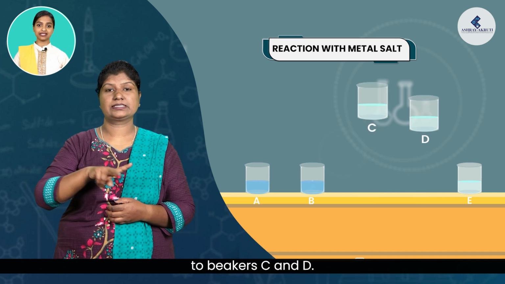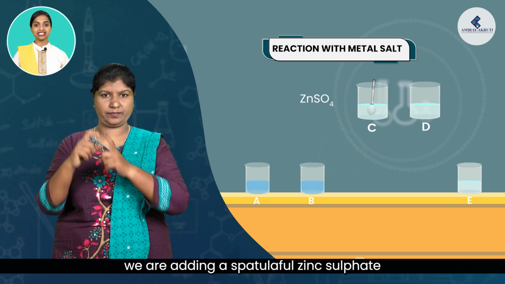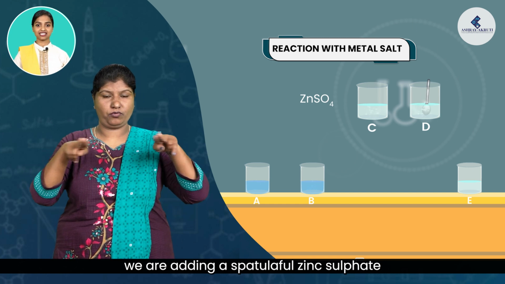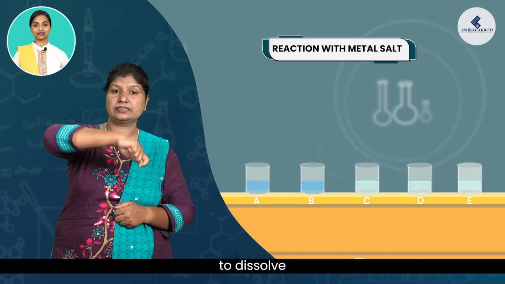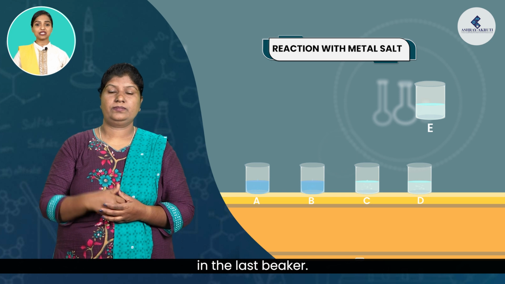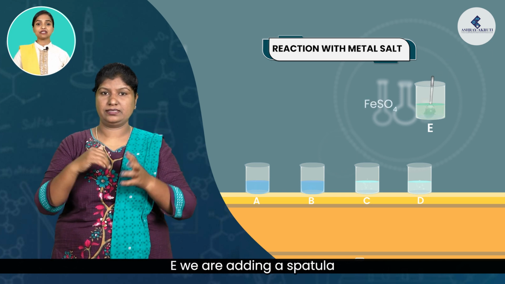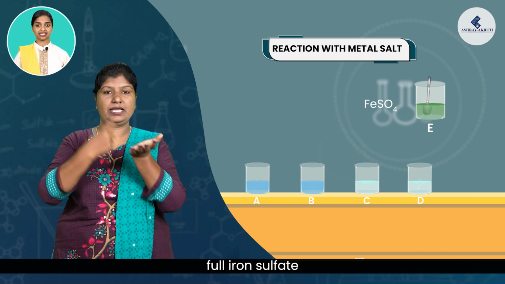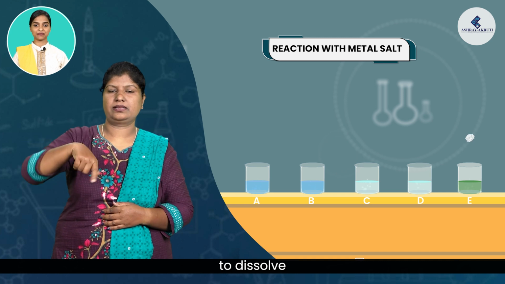In the next 2 beakers, C and D, we are adding a spatula full of zinc sulfate and stirring it to dissolve. In the last beaker, E, we are adding a spatula full of iron sulfate and stirring it to dissolve.